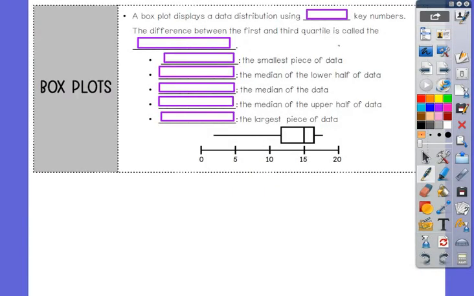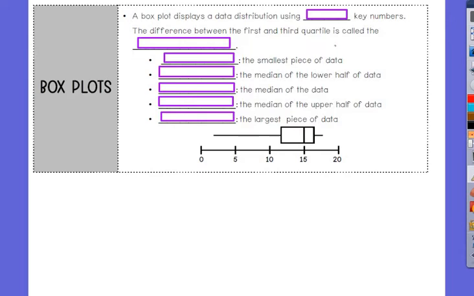A box plot displays a data distribution using 5 key numbers. The difference between the first and the third quartile is called an interquartile range. We've worked with interquartile range before.